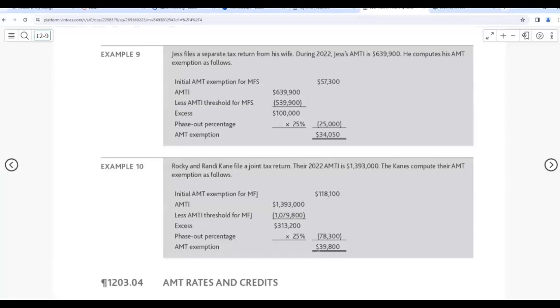Because they are rich. For me, the initial AMT exemption is $118,100. For these guys, it is $39,800 because they make a lot of money. Make sense? So if you make a lot of money, that exemption that I said the IRS gave you as a holiday gift, just like the standard deduction, it will go down. You're not going to get that big a gift.